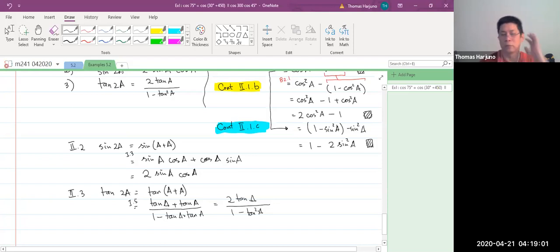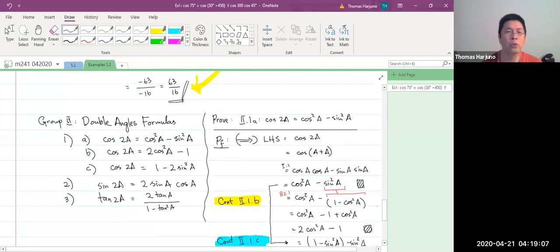Now, on Wednesday, we will continue with 5.3, but I will not prove group 2 anymore. I need you to memorize group 1 and group 2. Let me say it again. On Wednesday, I need you to memorize group 1 and group 2. For you to memorize group 2, you need to first memorize group 1.